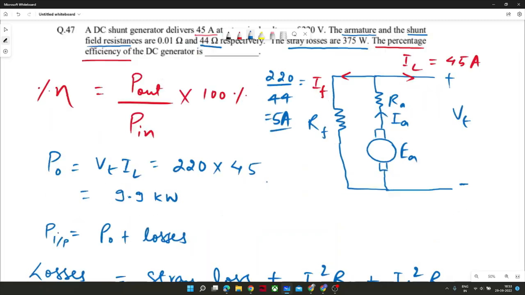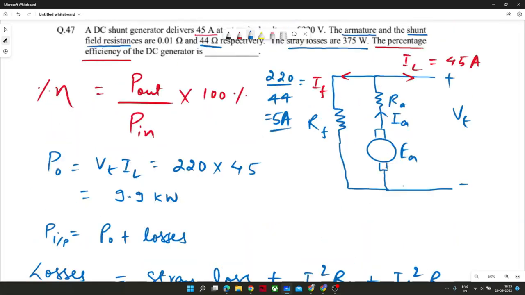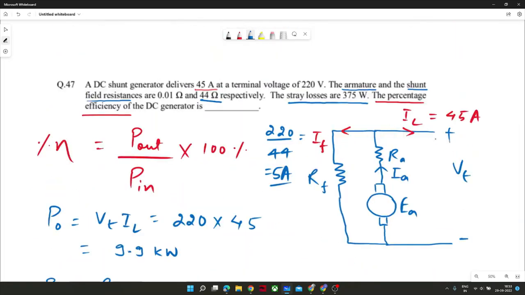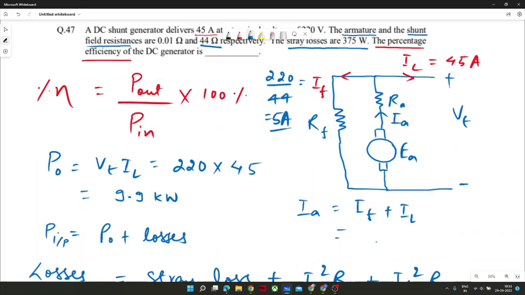So stray was 375, plus IA will be the sum of IF plus IL. Once you draw the circuit, it will be very easy to identify all the components of armature, field or line. So it would be 5 plus 45. That would be 50 ampere.